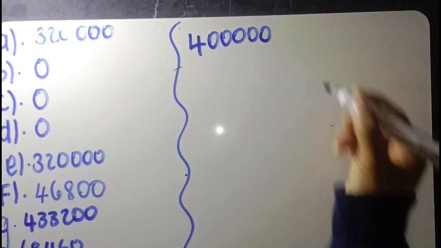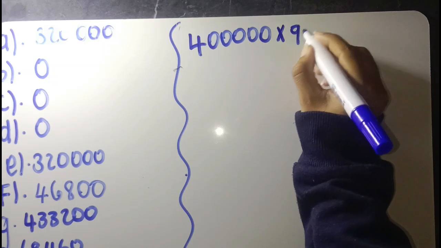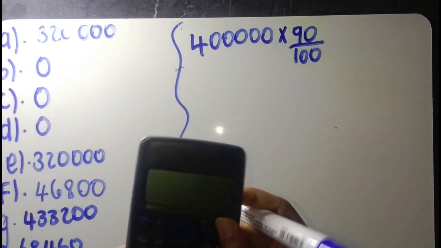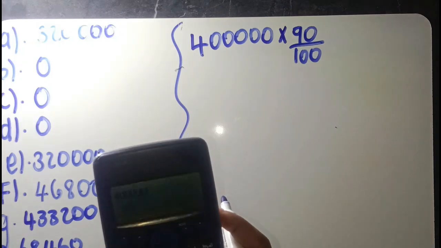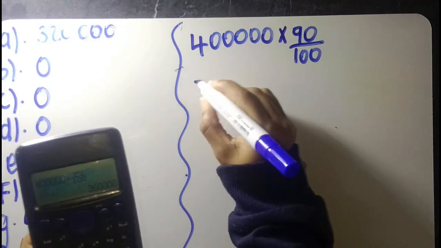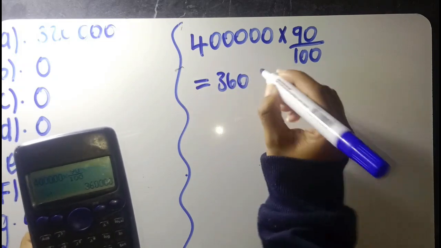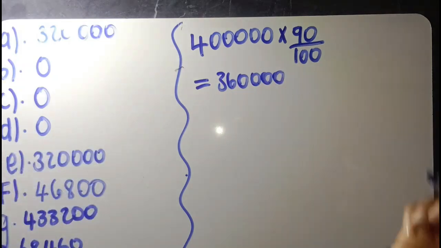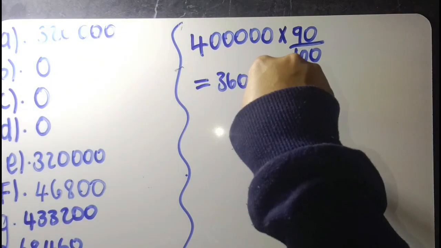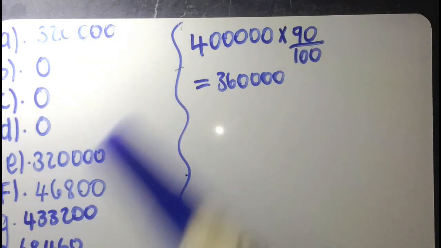So you're gonna say multiply by 90 over 100. I think that should give you 360. Yes, 360,000. So the value of the car is 360,000. Remember this principle: if there's a discount, how much did you pay for that vehicle?